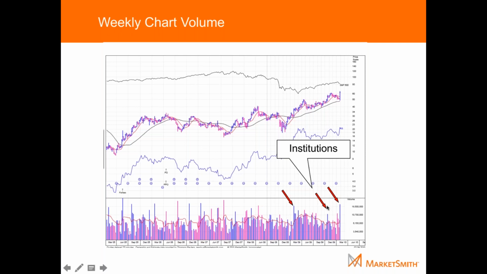You can see on some of these massive volume bars, this one is 18 million for the week, here it looks like it's close to 11 million, and this one looks closer to 20 million. Notice it's not perfect. Not every down week is on lower volume, but these are the kind of patterns you want to see. Really pay attention to when there's massive volume, which way is it going? This one has those skyscrapers of accumulation.